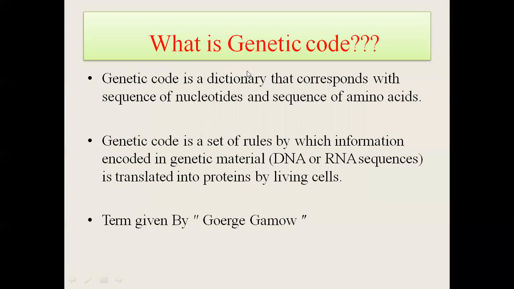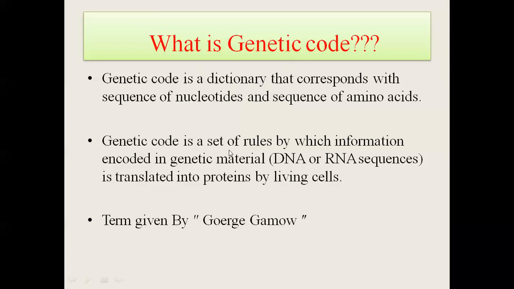In a dictionary, if you want to search the meaning of a word, like from Bengali to English, English to Bengali, or in different languages, similarly in the genetic code you can search which amino acid is responsible for which nucleotides. That dictionary is nothing but the genetic code.